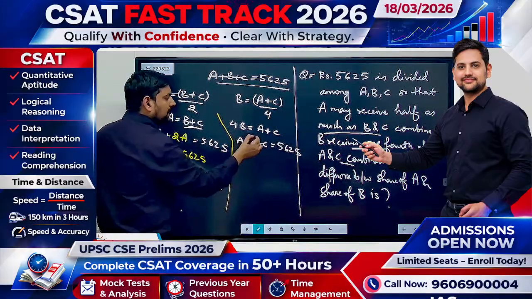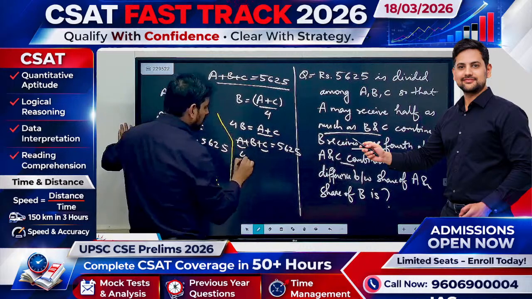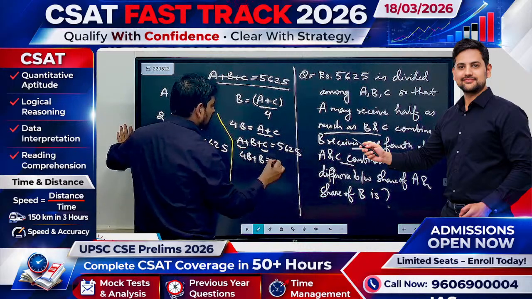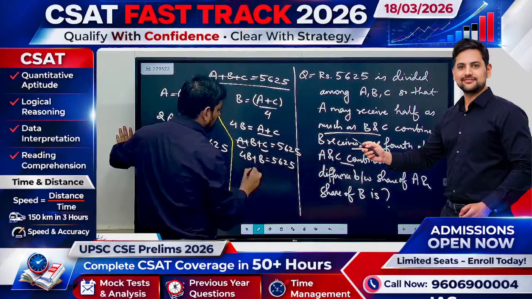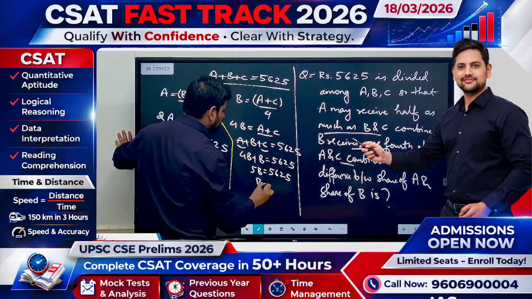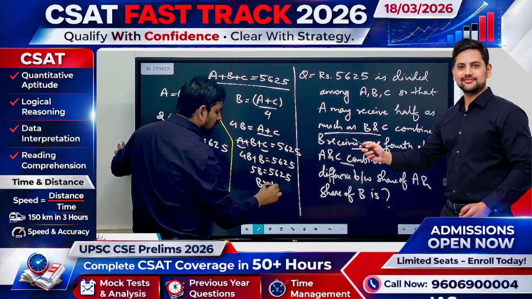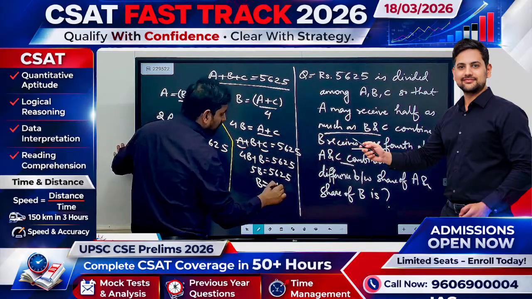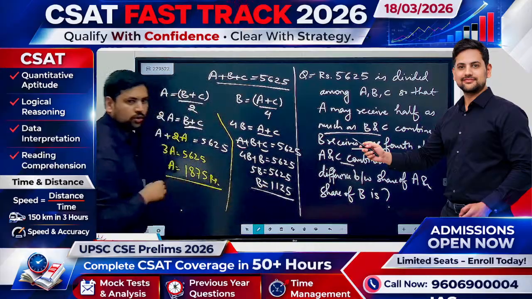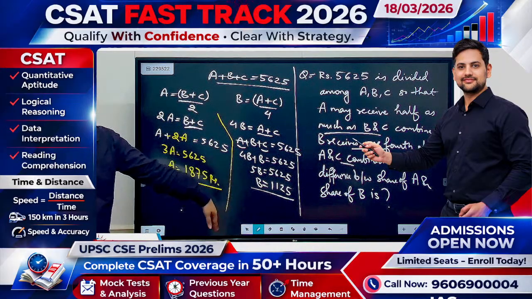Now, I will replace A plus C by 4B. So this becomes 4B plus B is equal to 5625, or 5B is equal to 5625, or B comes out to be 1125. Got it? So you got the value of A, you got the value of B.